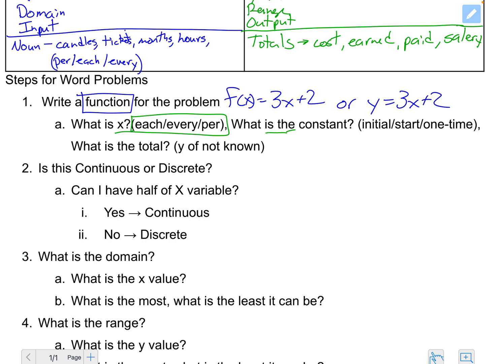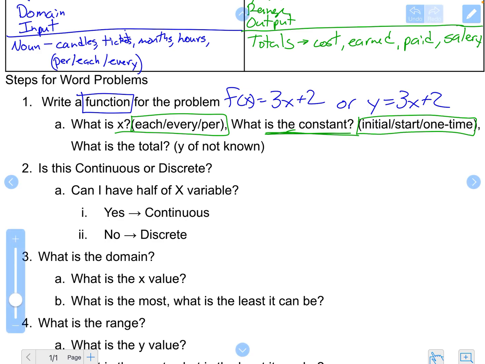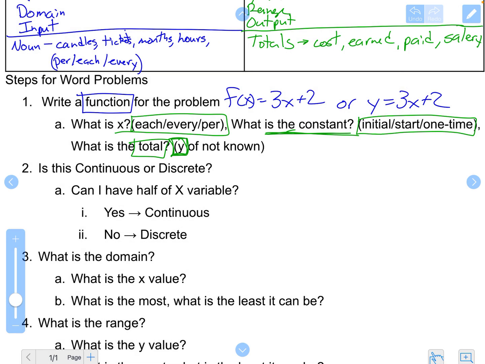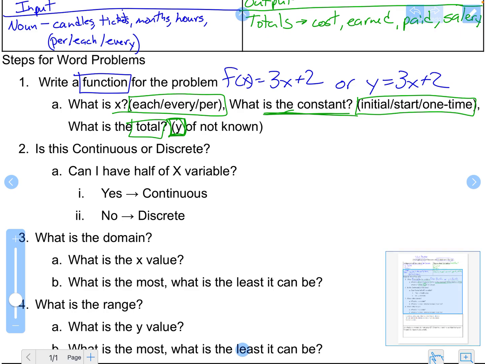We're trying to figure out what's the constant, if there is one, that's going to be our initial, our start, our one-time fee. And then finally, we're going to look for the total. If they don't tell us the total, we're going to decide that the total is going to be represented by the variable y.